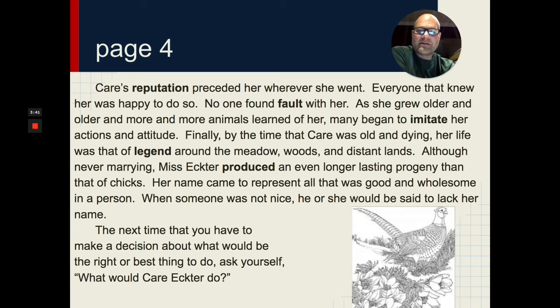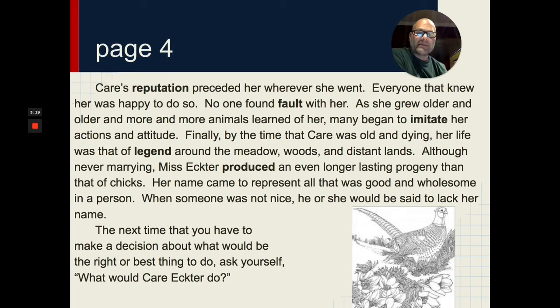Finally, by the time Care was old and dying, her life was that of legend around the meadow, woods, and distant lands. Although never marrying, Miss Ector produced an even longer-lasting progeny, that would be offspring, than that of chicks.